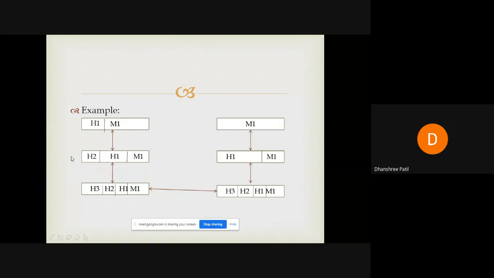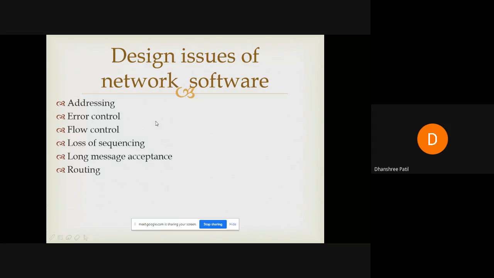In this example, we are adding the headers and the trailers to the data because the data can travel through the network using any path. So for that purpose, the data should know where to reach. The data should know where it has to go, so we tag the proper sender's address and receiver's address to it. So that is nothing but addressing.